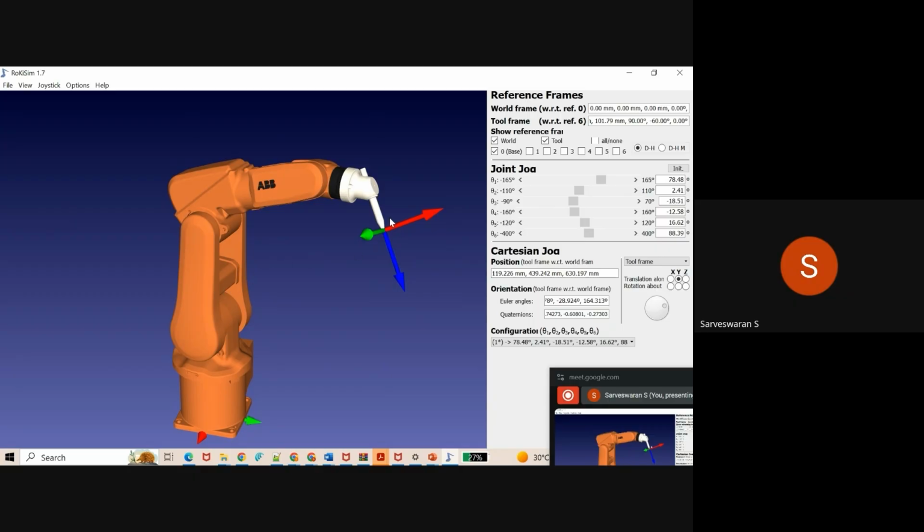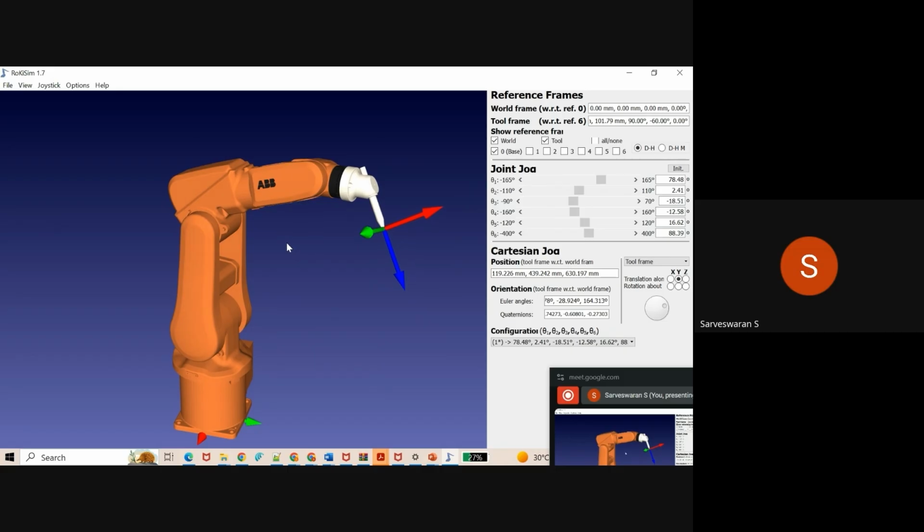Also, the payload will vary, and that also has to be considered. The gravity components will be considered. Inertial components will be considered. Coriolis component and centrifugal components will be considered. So these are all the various criteria that will be considered while calculating the torque for each and every joint.